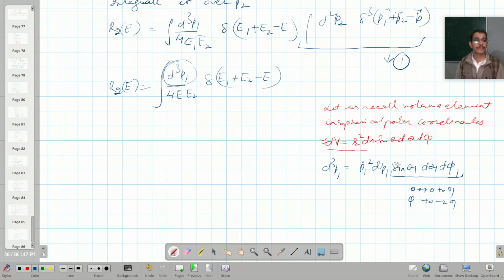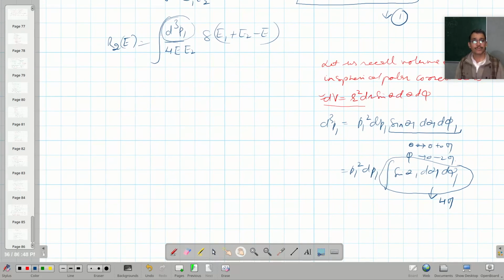If I do a little algebra, for the closed surface the integral of sine theta1 d theta1 d phi1 comes out to be equal to 4 pi. Therefore I can write it as 4 pi p1 squared dp1.